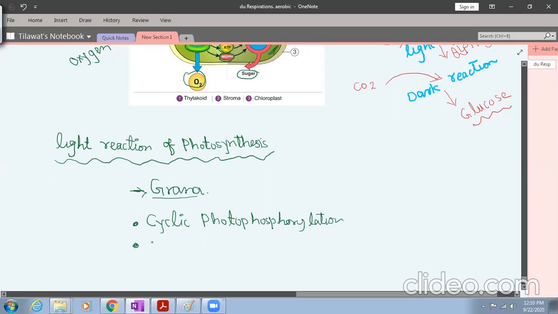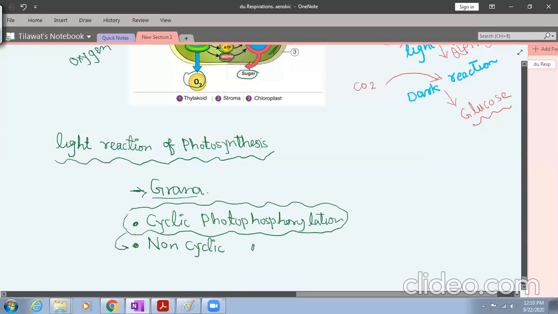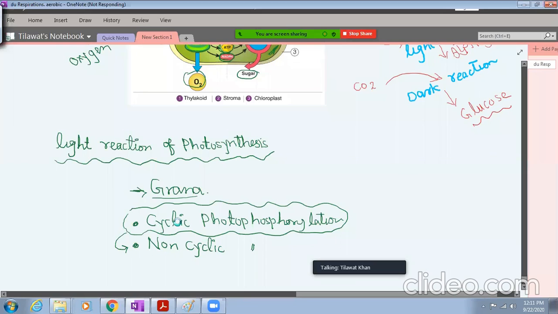Another is non-cyclic photophosphorylation. Usually cyclic photophosphorylation is happening in plants, but in some cases non-cyclic can also happen. We will do these 2 pathways in detail.